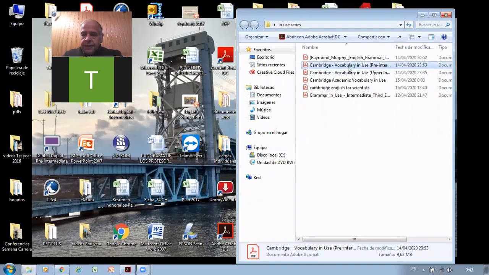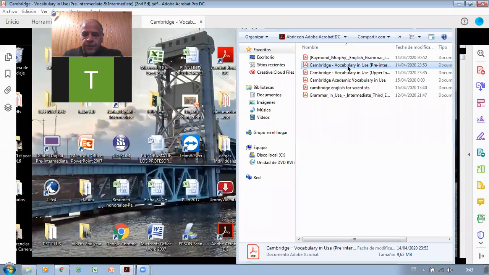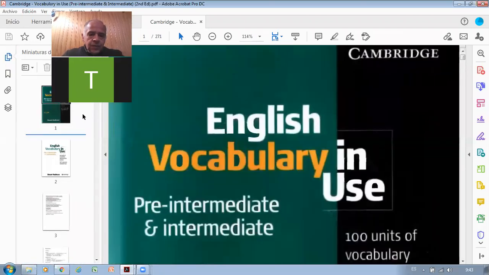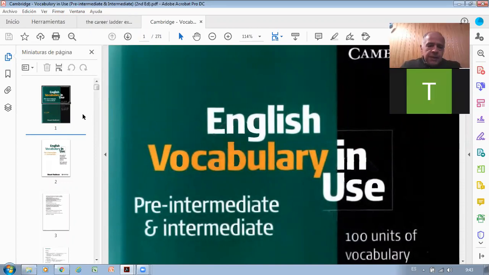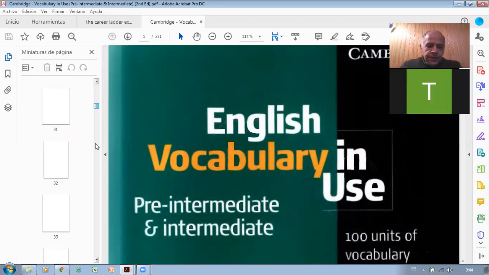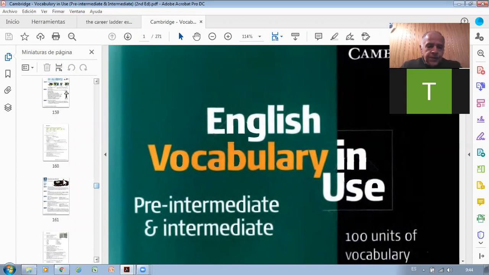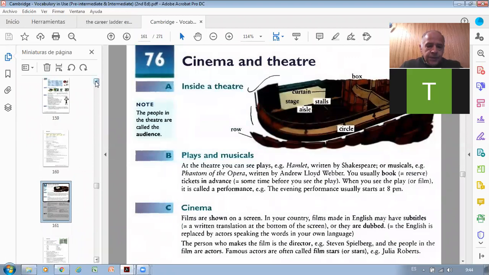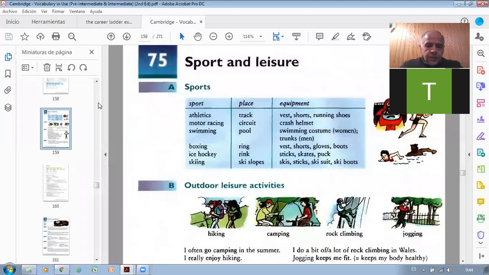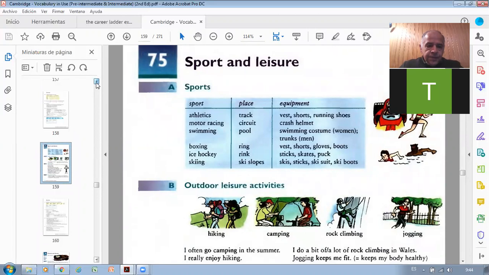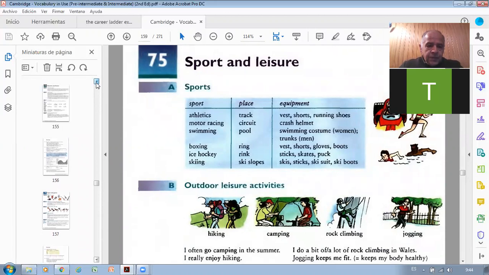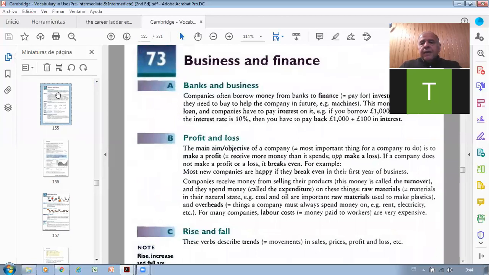Vocabulary in use, pre-intermediate. Kimberly's gone again, it seems. It's 26. Wait, okay, this is it.